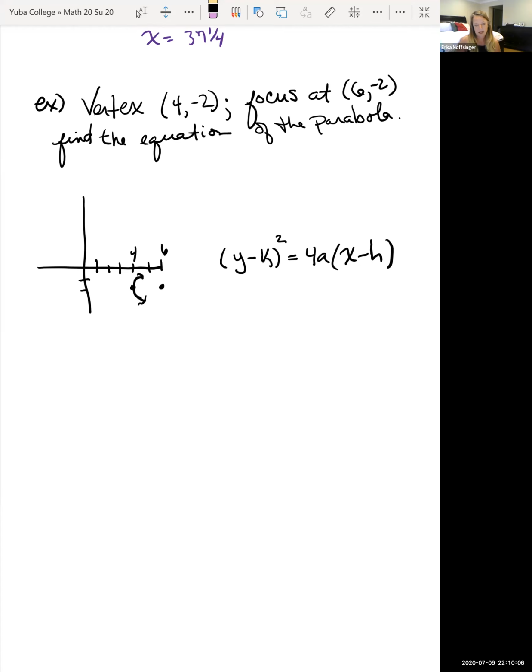So we can put in some pieces that we know. Well, we know what h and k are. We're given that h is 4 and k is -2.